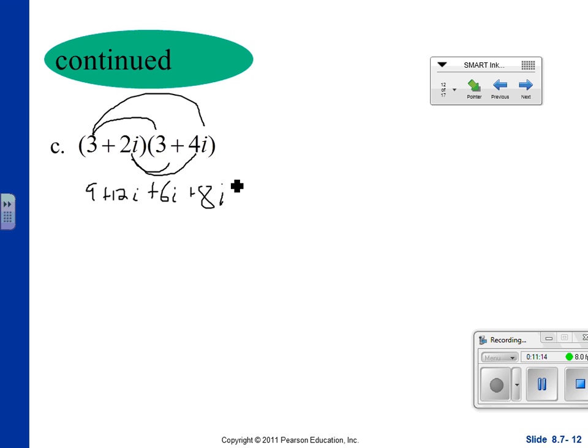So this looks a lot like what we do with x's, but remember, this i squared changes it to a negative, so this becomes minus 8. 12 plus 6, we get 18i, and we bring down the plus 9. Combine like terms, 9 and negative 8 gives us a positive 1. So the real part is 1, and the imaginary part is 18i. You'll always have a real part and an imaginary part. One of them could be 0, but you always have both.